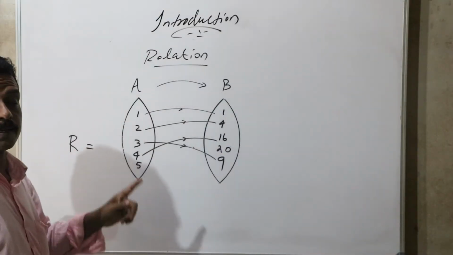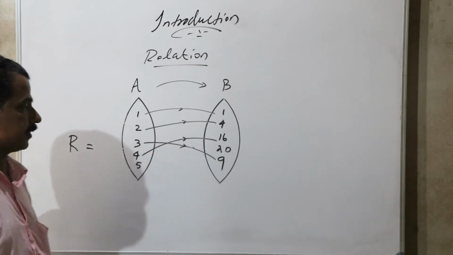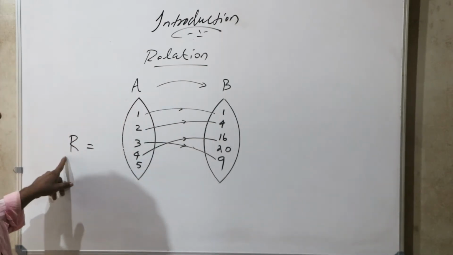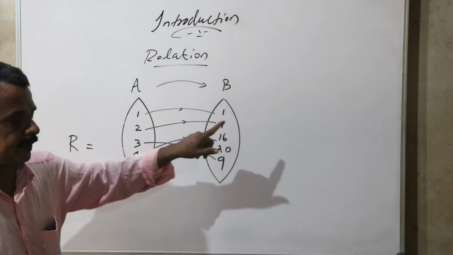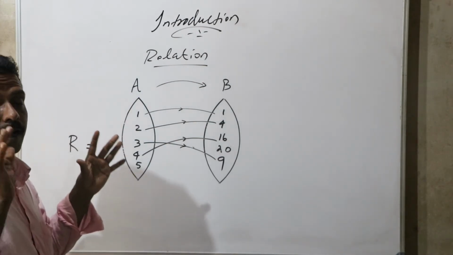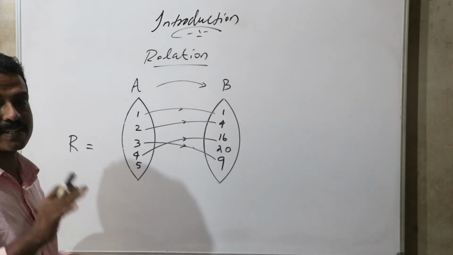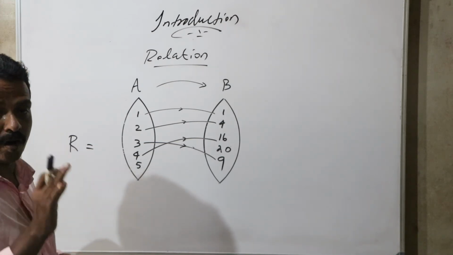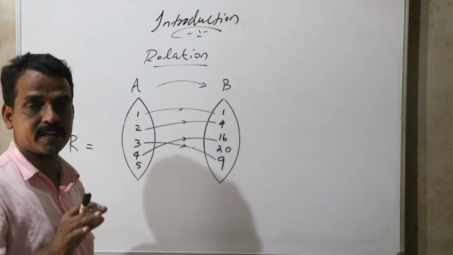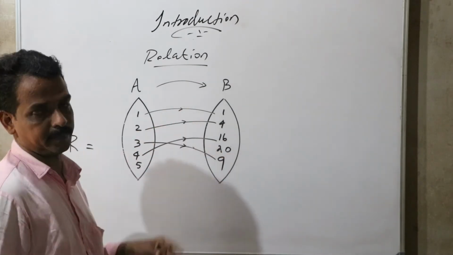Okay? This is a relation from set A to B. R means relation. Relation from A to B. In set A, all elements are X representatives, X elements of ordered pairs. And the elements in set B are known as the image of the X element.